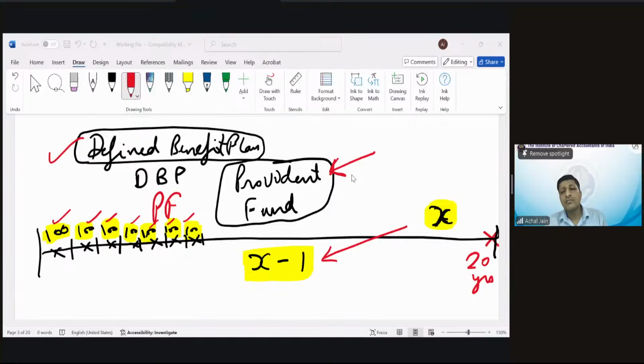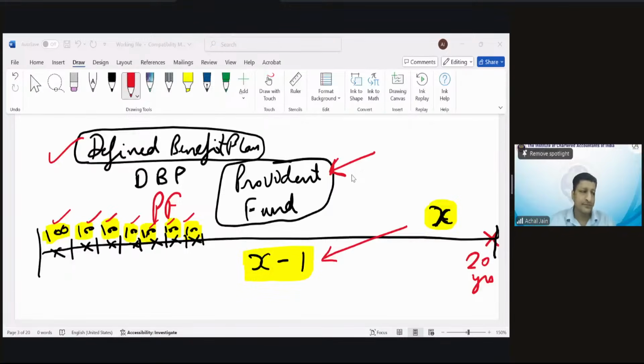Say the normal retirement age is 60 years, and the employee continues to serve till 60 years. Some benefit will be payable to him at the time when the employee retires, once he achieves 60 years. So will that fall within the purview of post-employment employee benefit?